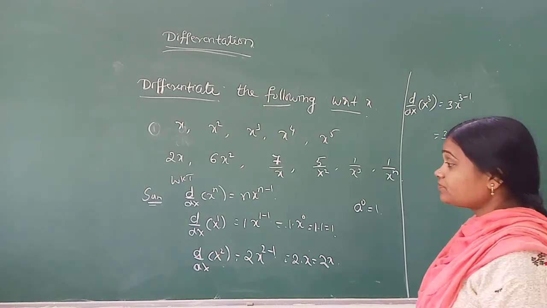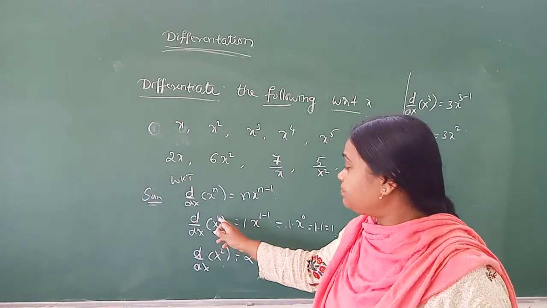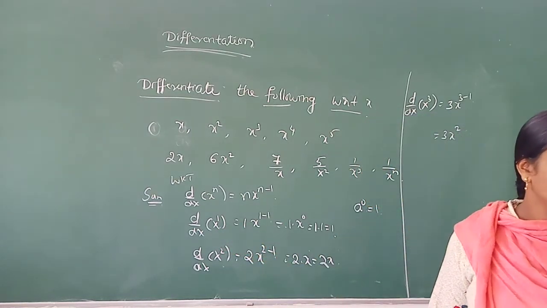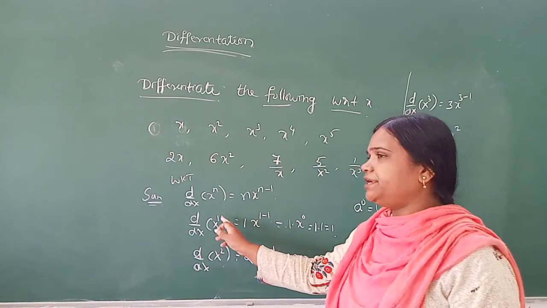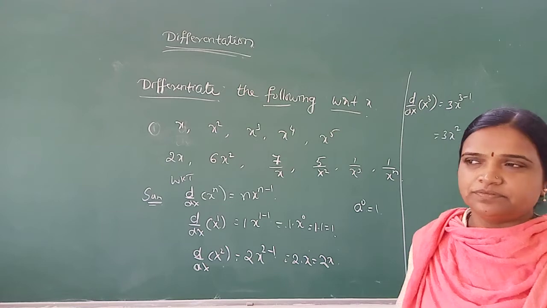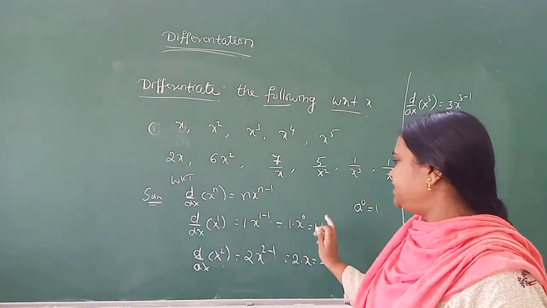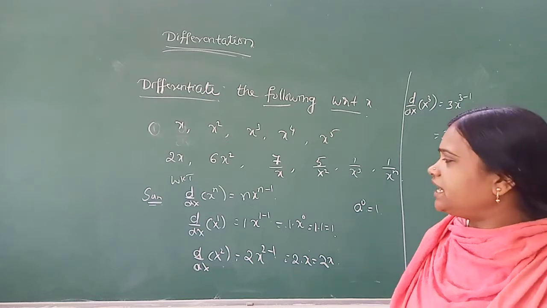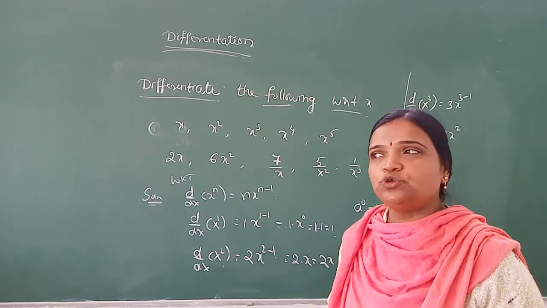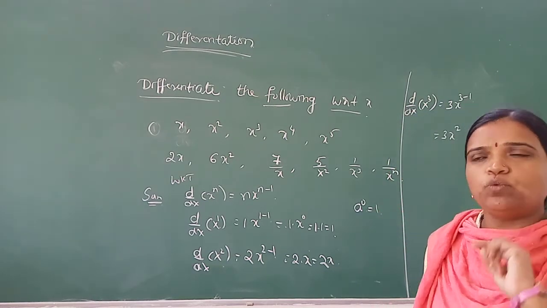See, the power of the given variable, we are writing as multiplication. Just concentrate. The power of the given variable we take as a multiplier, and the degree of x should be reduced by 1.